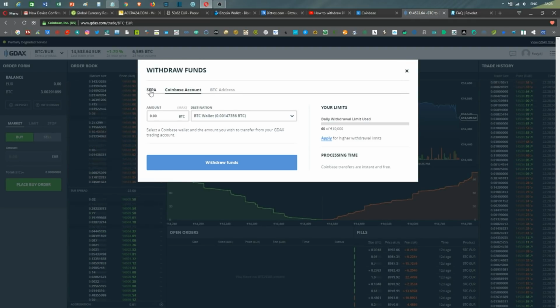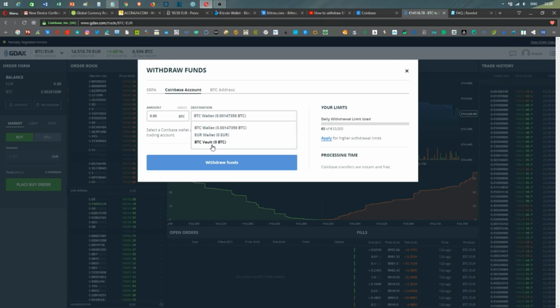It means by going to your bank account, you can directly send your funds to your bank account. You can use a Coinbase account, where you have to actually deposit your bitcoins into their account. Of course, here you can choose if it's going to be a Bitcoin or a Euro, a fiat currency wallet, or a BTC wallet.